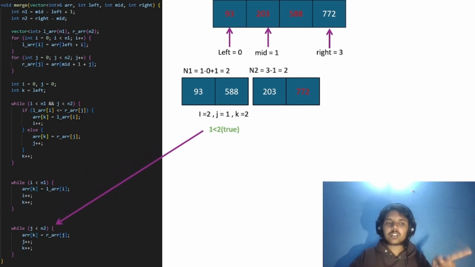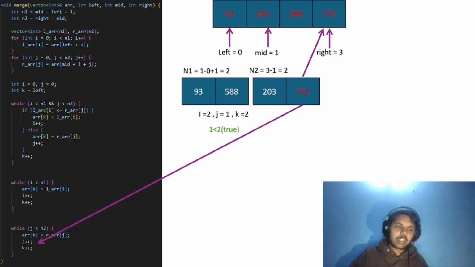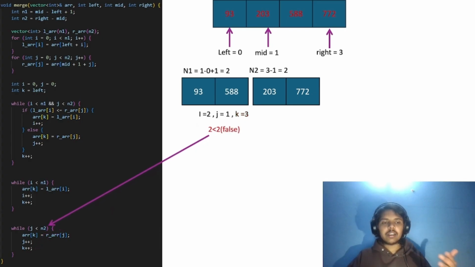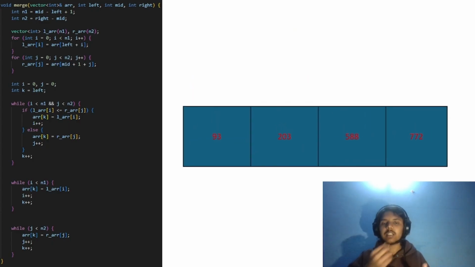But the second iteration does continue because j's value is smaller than the length of the rightmost sub array or sub vector, and it assigns the last element into our vector as it is, and then increments j and then increments k, resulting in a false statement for the iterative condition, and the iteration terminates, finally yielding a vector or an array that is in a sorted manner.